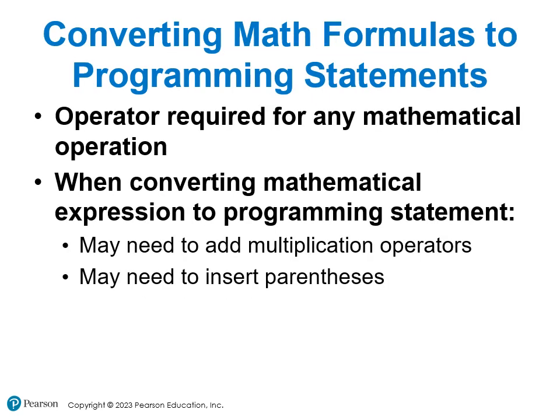Whenever you're converting math formulas to programming statements in Python, you have to be very careful, because sometimes you may have to add some multiplication operators or something that looks different than in your math formula, and you might need to insert some parentheses somewhere in your programming statement.